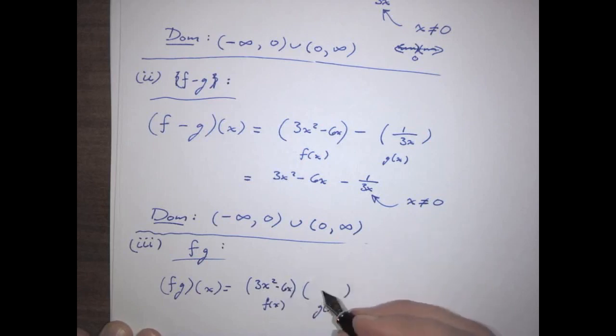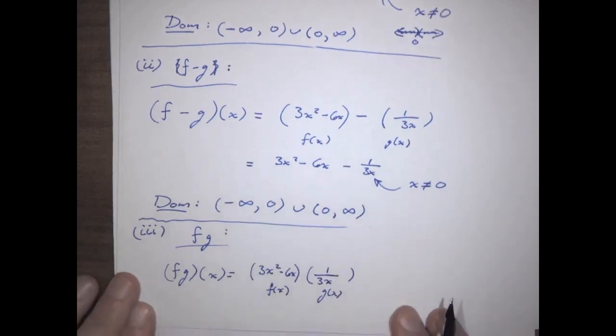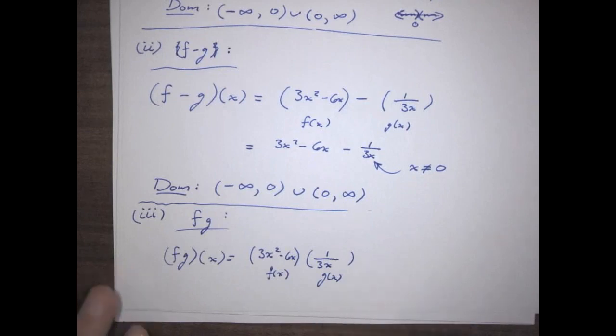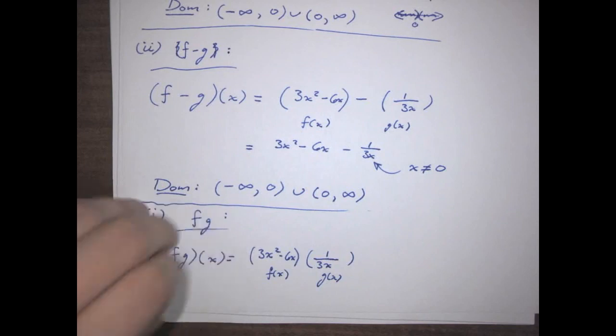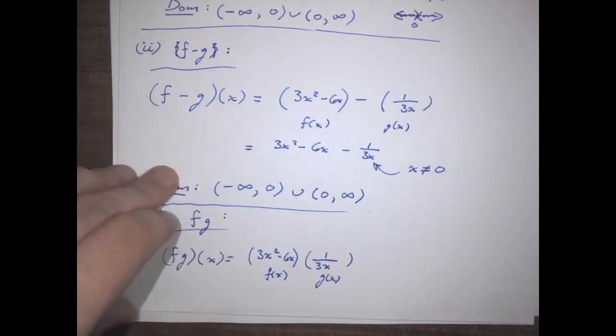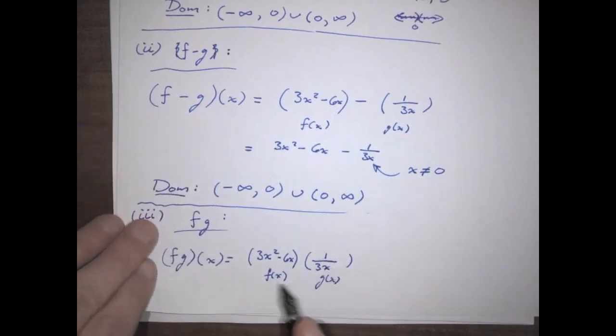So 3x squared minus 6x times 1 over 3x. Now, the way that we can rearrange this whenever we're multiplying together a fraction like this by something that is not written as a fraction is to rewrite it with this part in the denominator and then see what we can do.